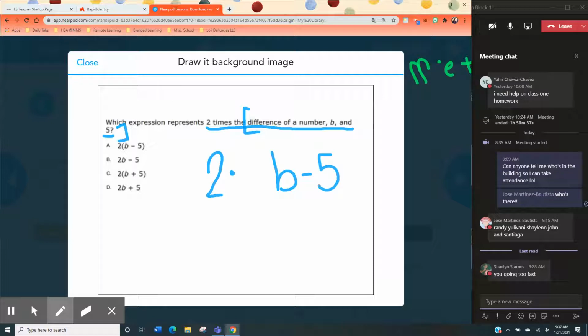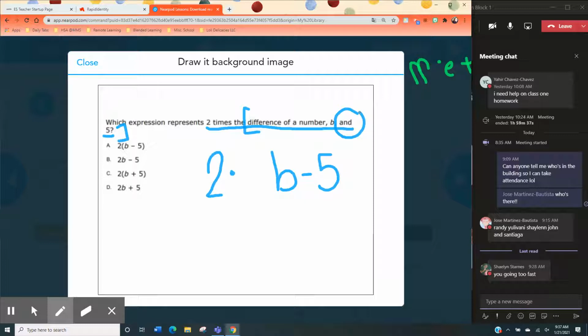This is the part that gets tricky for some of us. What am I supposed to do with that 2 times? How do I know if I'm just multiplying 2 times b or if I'm multiplying 2 times b minus 5? I'm going to use this to guide me.